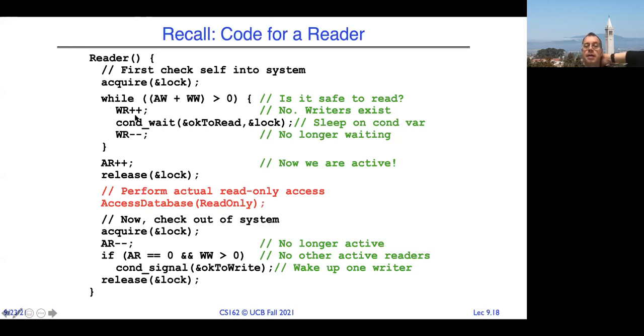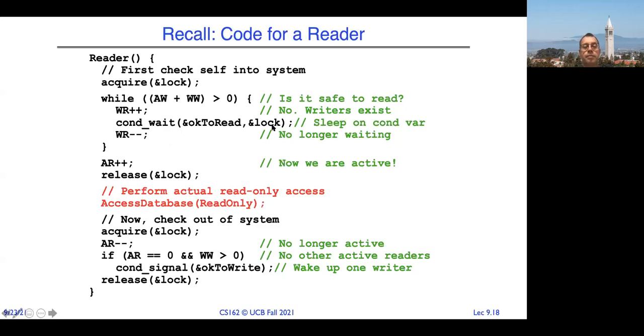You increment the number of waiting readers, because now I'm going to wait. And then I'm going to wait on the condition variable, okay to read. Need to wait until it's okay for me to read. And release the lock.